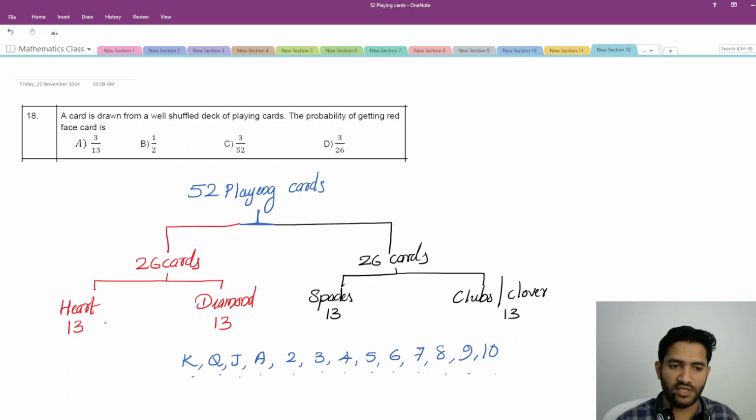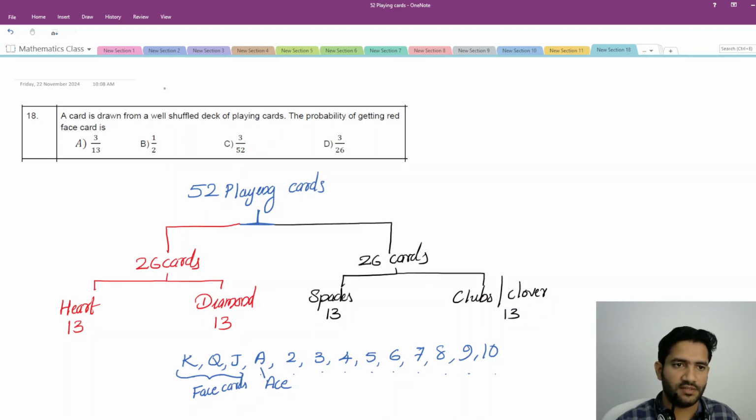For example, if the king is from heart, it will be red. If the king is from diamond, it will be red. If it is the king of spades, it will be black, like that. These three cards are called face cards. This one card is an ace card. So in each suit we have three face cards and one ace card.